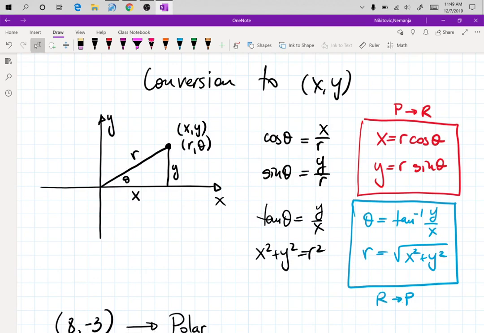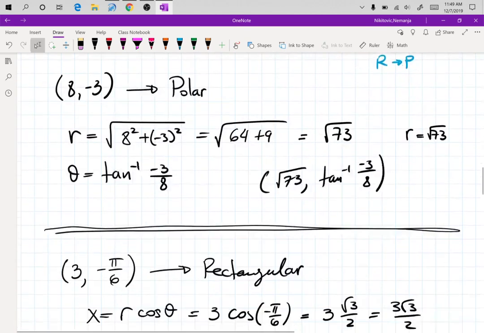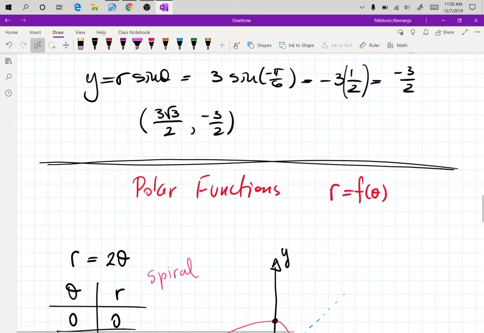We got into conversions to show that the two systems both exist on the xy plane, they both have a point-to-point correspondence, we can move back and forth, but generally we don't want to, because the polar world is good for round and rectangular is good for edges.